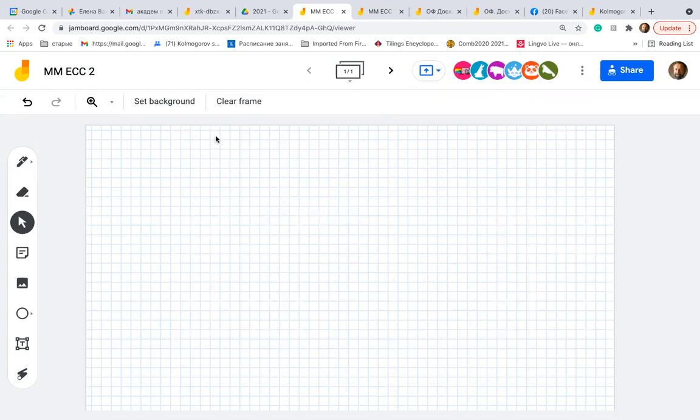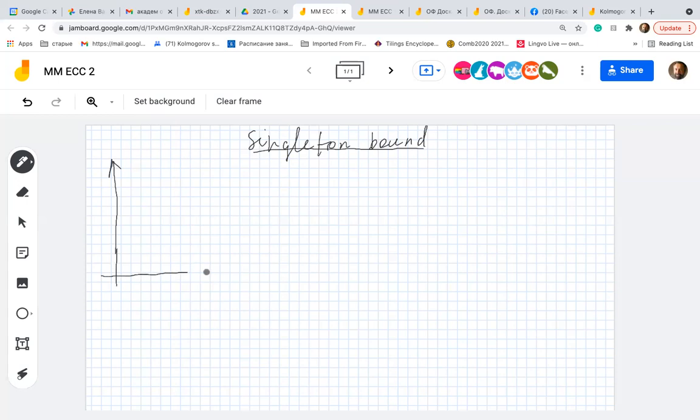And I will start with the so-called Singleton Bound, because the Reed-Solomon codes are closely related to the Singleton Bound. So what is Singleton Bound? I recall the graph of the Gilbert bound. Assume that the alphabet is very large, Q is large.